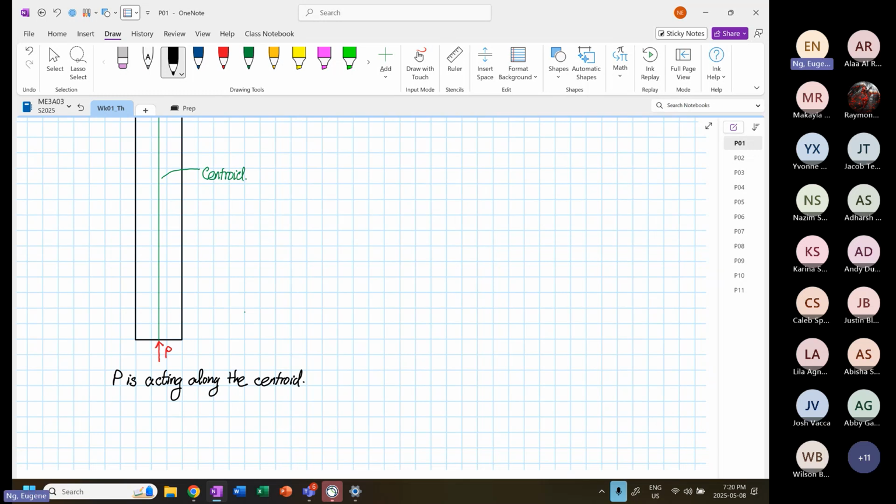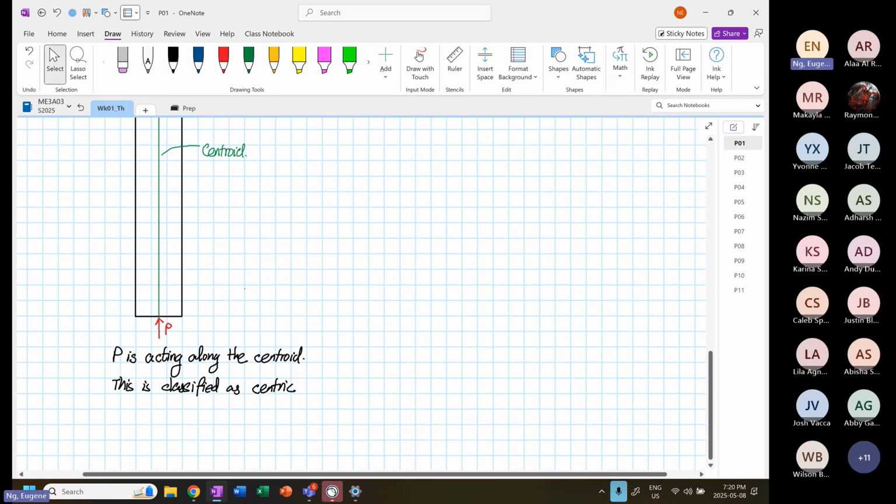And when it's acting along its centroid, this is classified as centric loading or centric buckling.